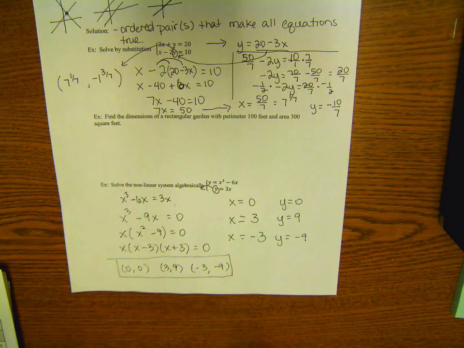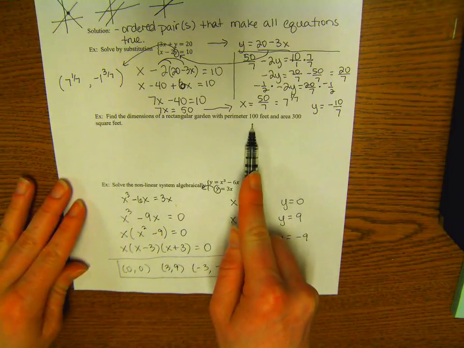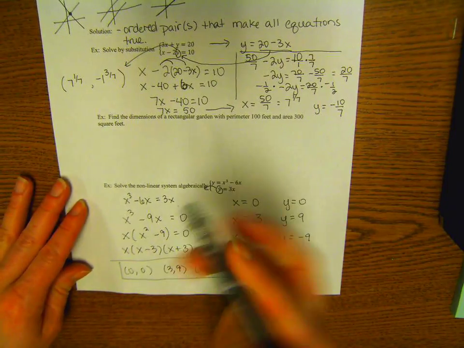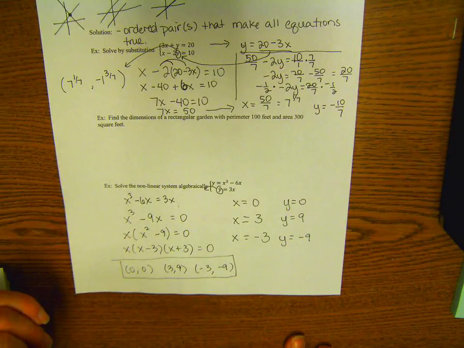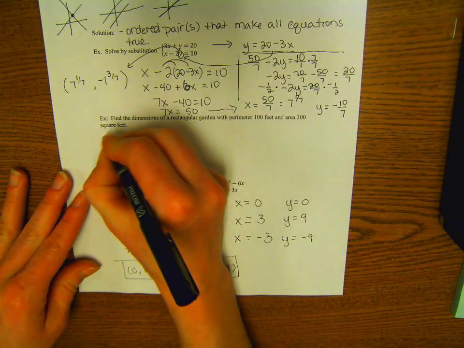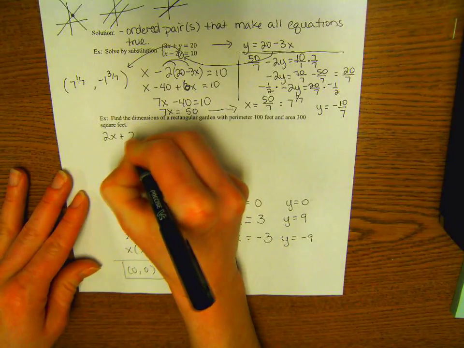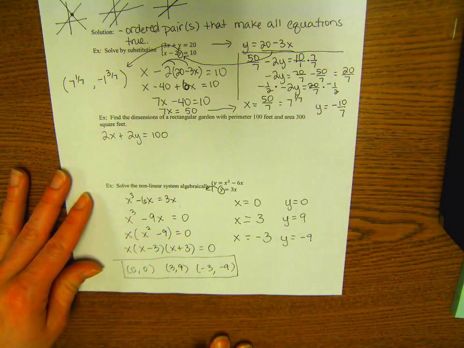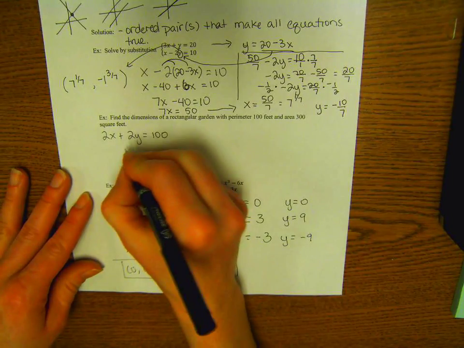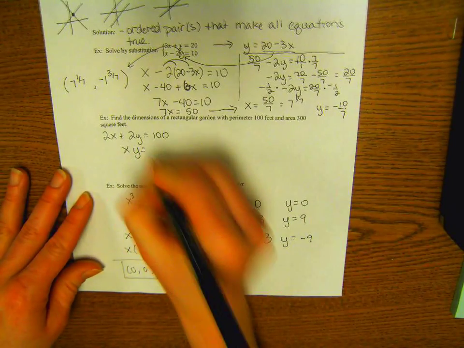How do I do a perimeter of 100? Thinking that the dimensions are x and y of the rectangle: 2x plus 2y equals 100. And then the area would be x times y equals 300.